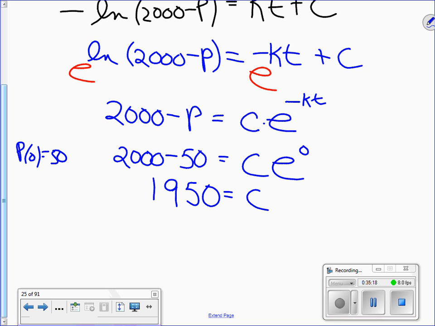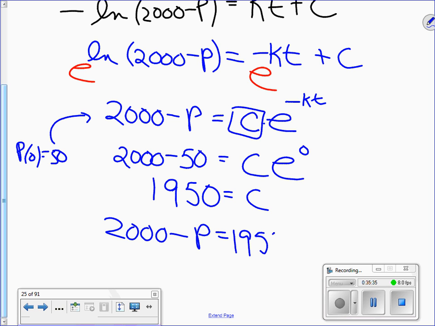So now we know that c is 1950. You go up to the line above where you plugged in the numbers and plug in the value that you got for c. So now we've got 2000 minus P equals 1950 e to the negative kt.